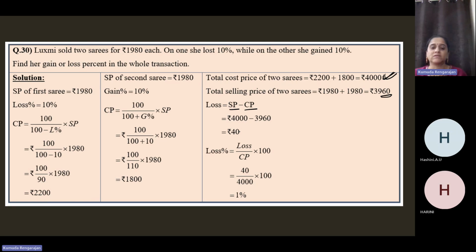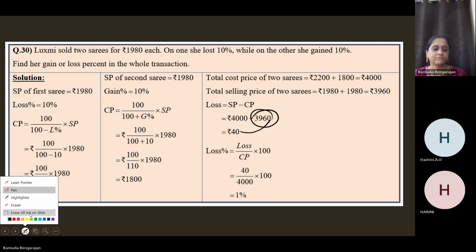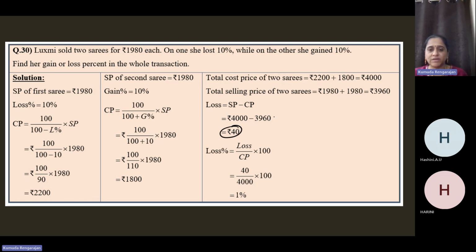CP minus SP. And then find the loss percent. Loss divided by the CP into 100. You get 1%. So it's 1%.